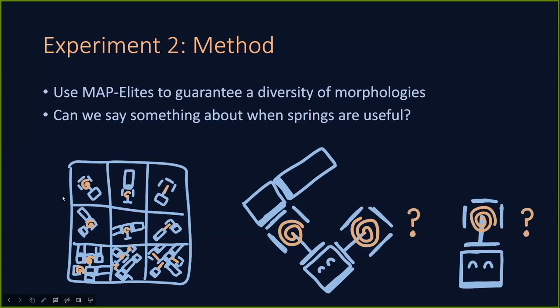The search space is divided into niches according to the dimensions I just mentioned, and only the best robot within each niche is saved, and that collection of elites is used as the population of the evolutionary algorithm. So, for example, in the top left corner of the map, we have this tiny, very springy robot. And in the bottom right, we would have a large and quite stiff robot.